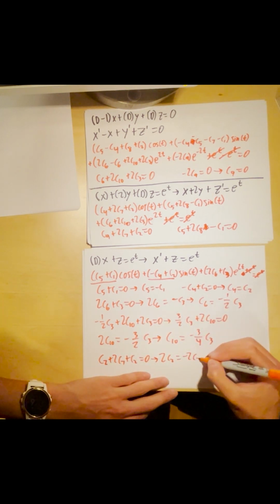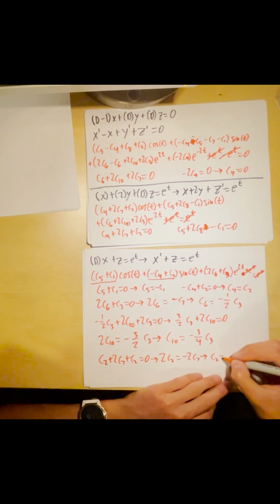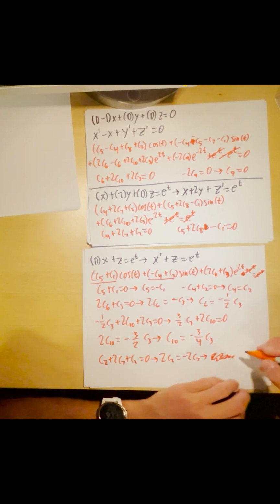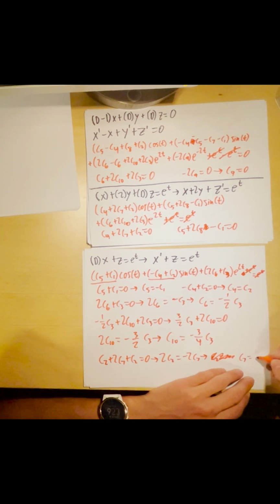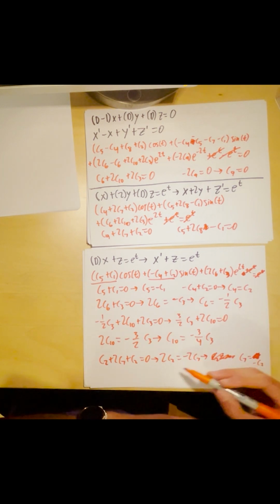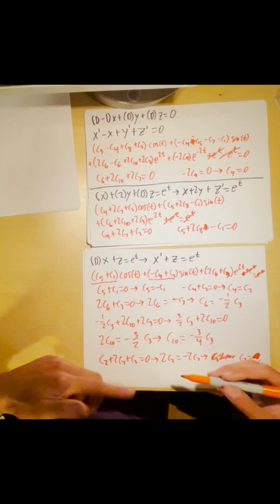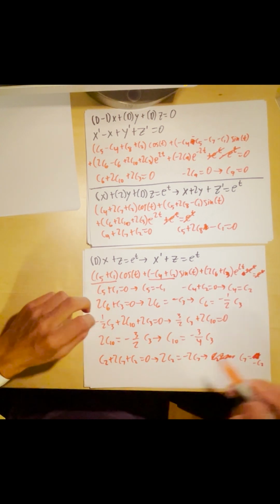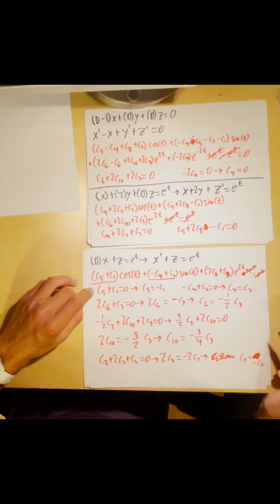We want C7 in terms of C2. So C7 equals negative C2. When we plug that in, it all goes to 0, which is what we're going for.